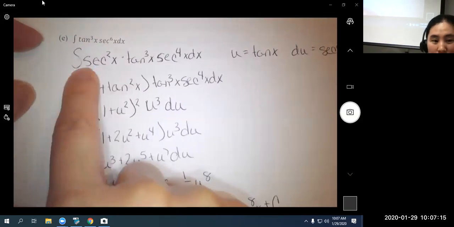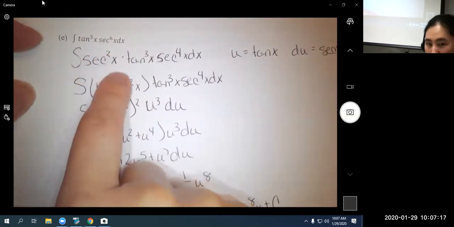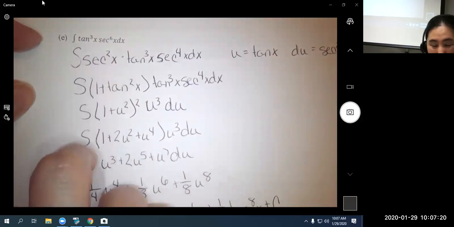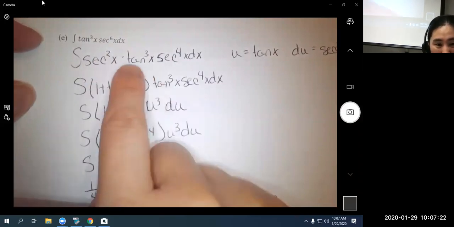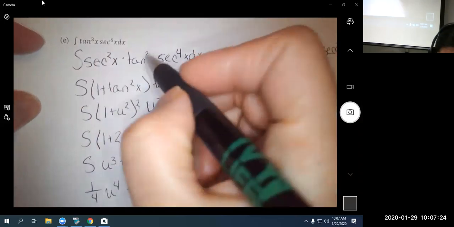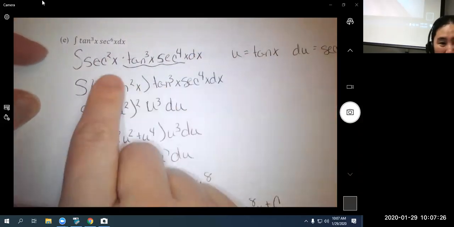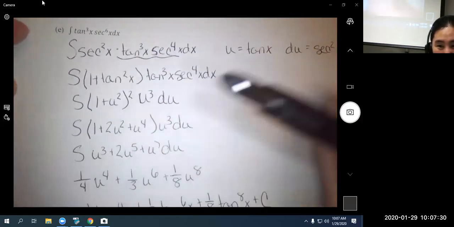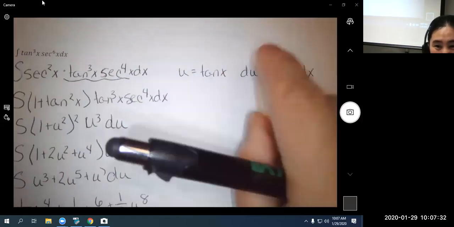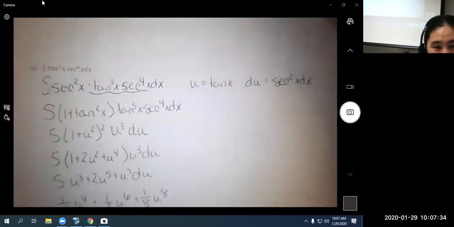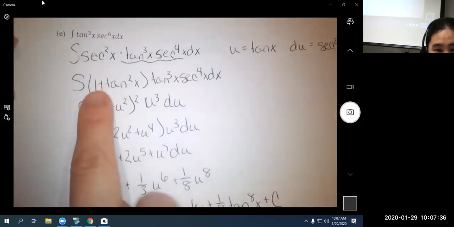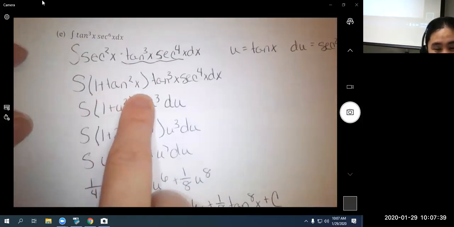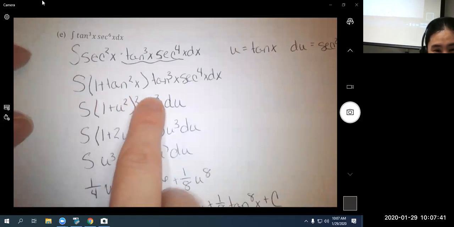We split off this secant x squared, and the leftover will be this. We know secant x squared dx gives us du. However, at this step, there is a problem.